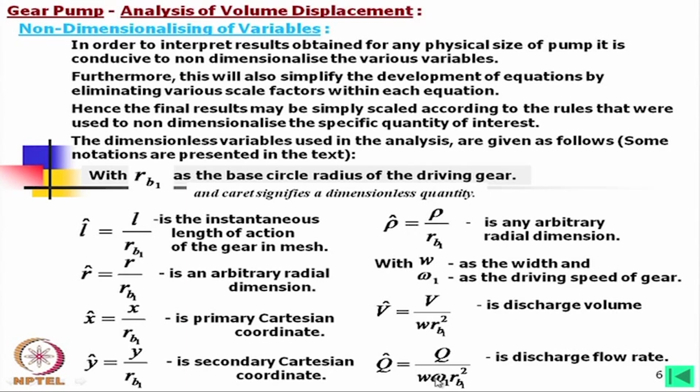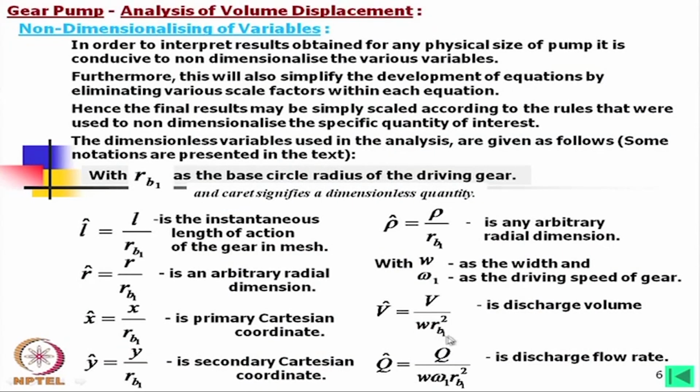But here one thing I must mention: mostly you will find the two gears have the same number of teeth. That means if this side is 20, the other side is also 20. But it is also possible that one is 20, the other is 18, or 16.